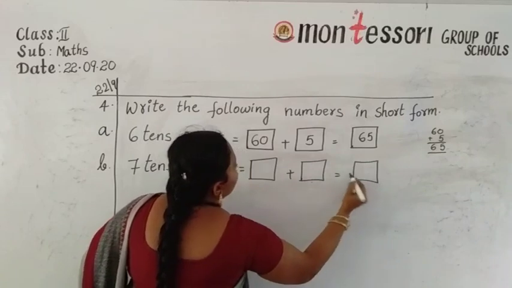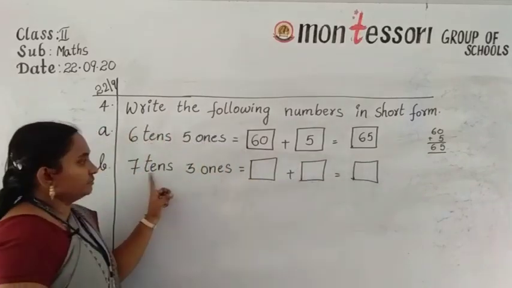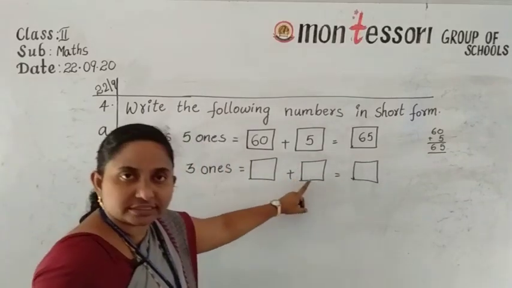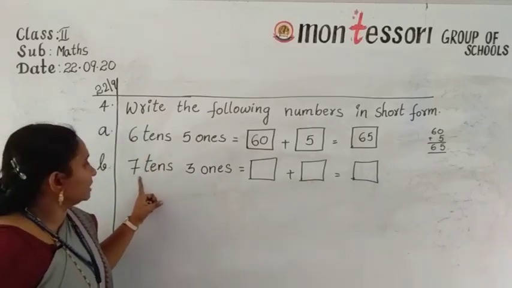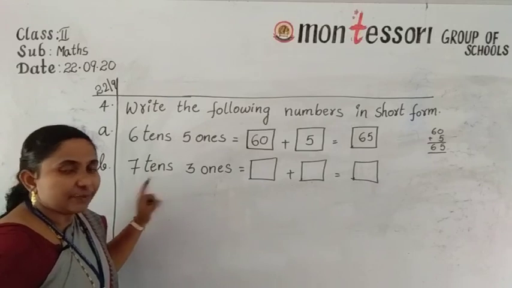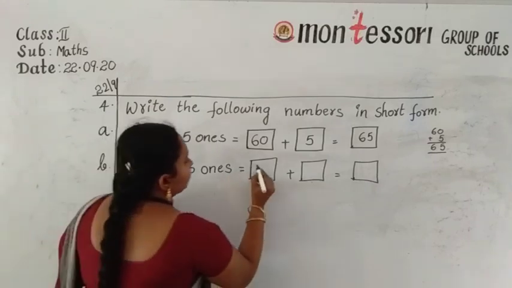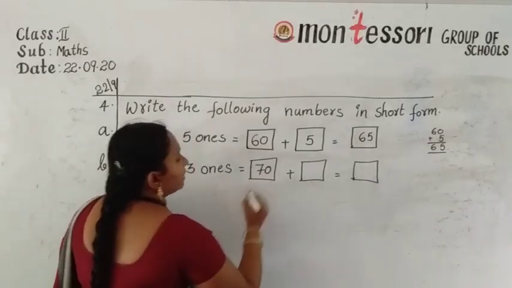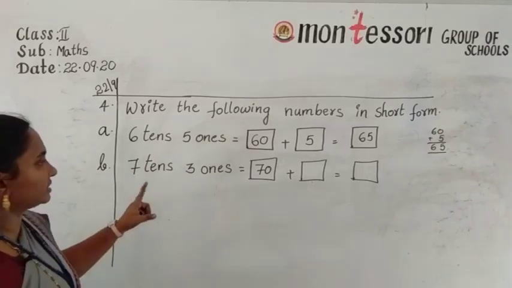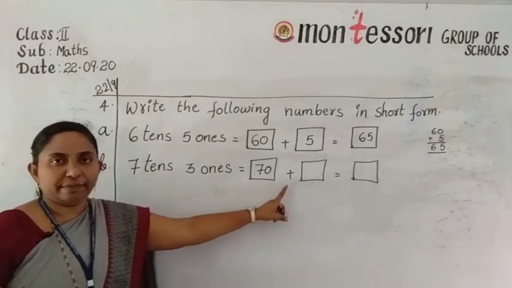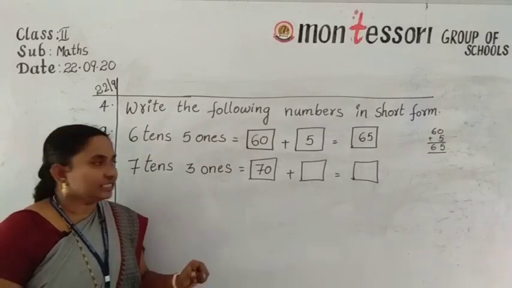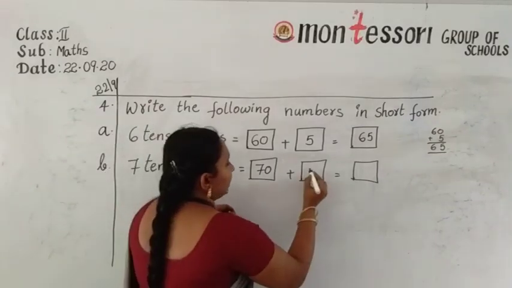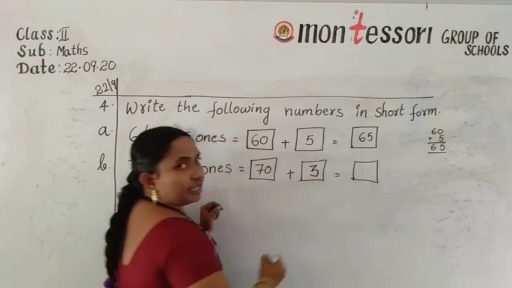First these names we can write into numbers. 7 tens are 70. So now I am writing 70 here. Next, and again here put a plus. And next 3 ones. 3 ones are 3. So now I am writing 3 here.